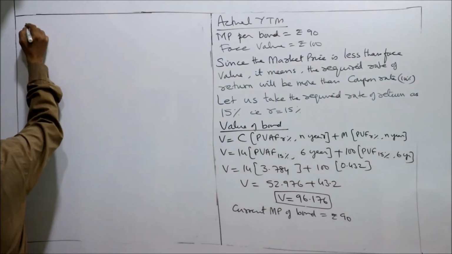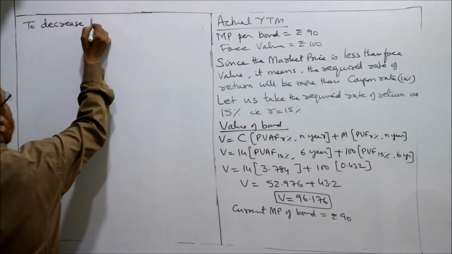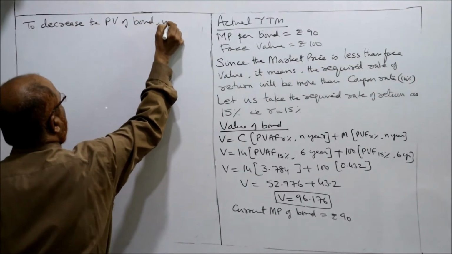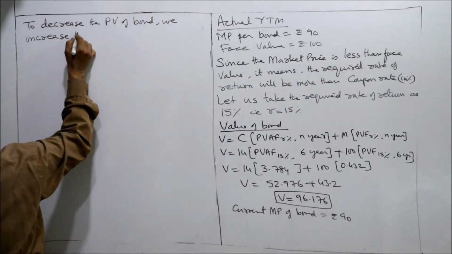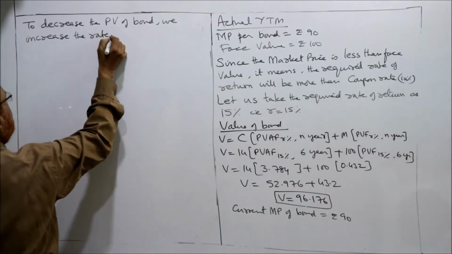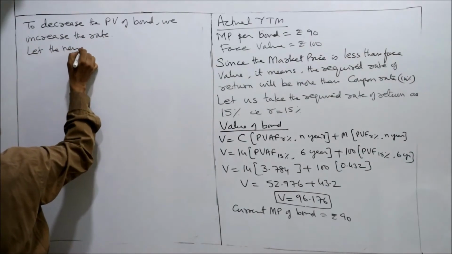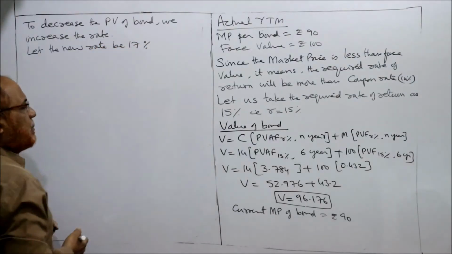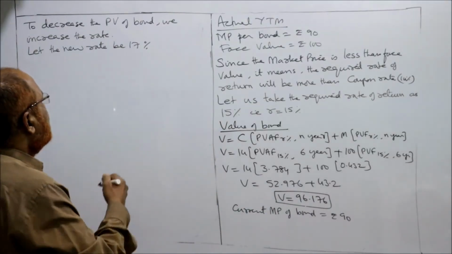To decrease the present value of bond, we increase the rate. Let the new rate be 17%. अब अंदाजे पे 16 भी ले सकते हैं, मैं 17 ले लो, चेक कर लेंगे.